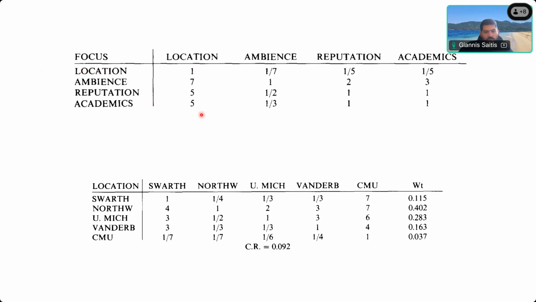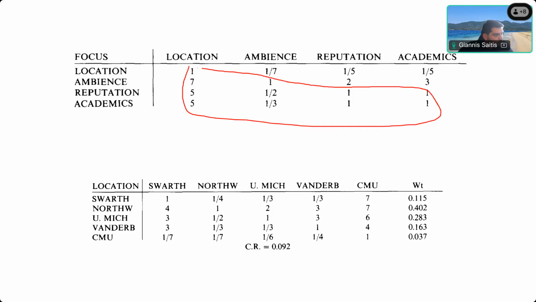So if you do the comparison once, the rest is just the opposite.